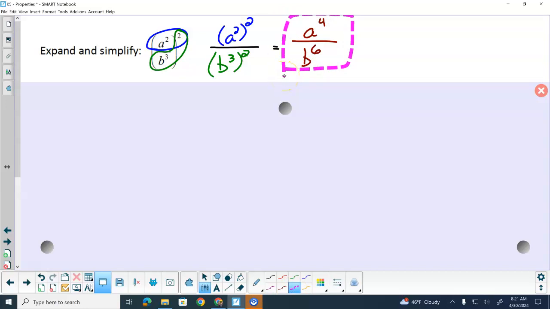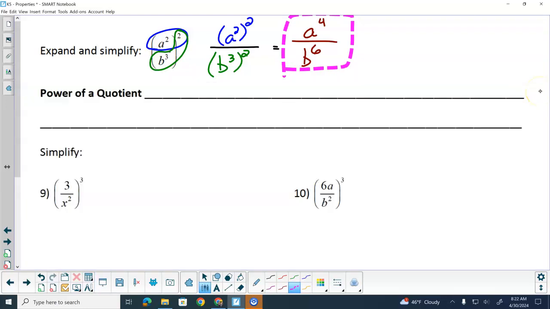So in a fraction that's to a power, we call it the power of a quotient. How did I say it yesterday? Take the power to the top and to the bottom. Okay, that's how I was going to say it again today.